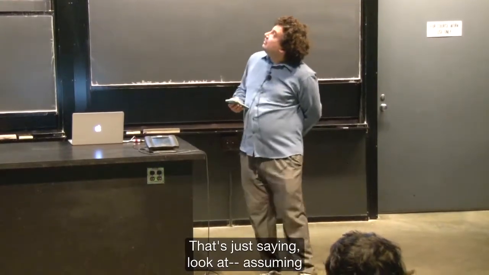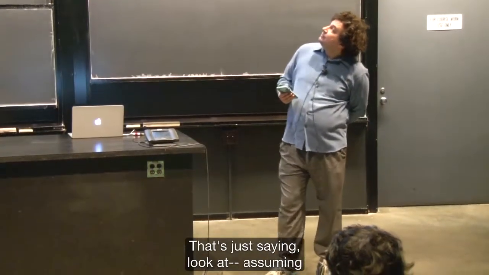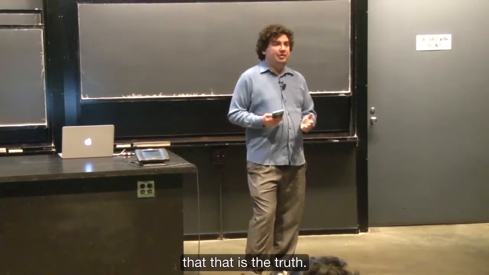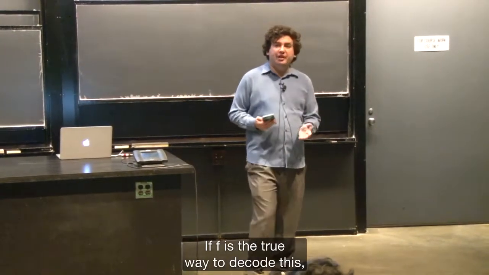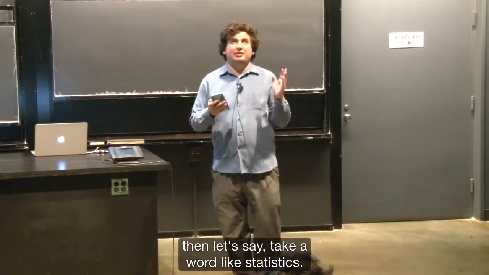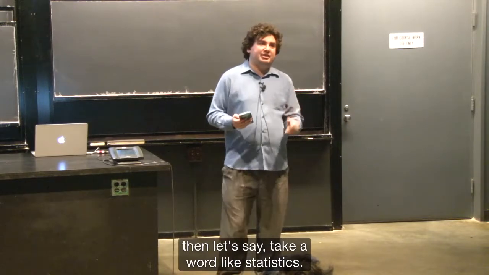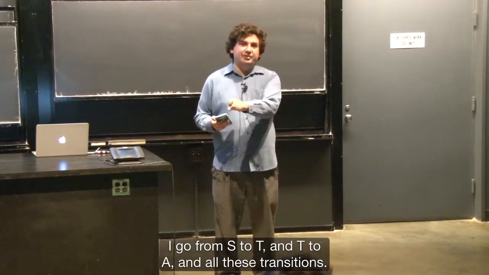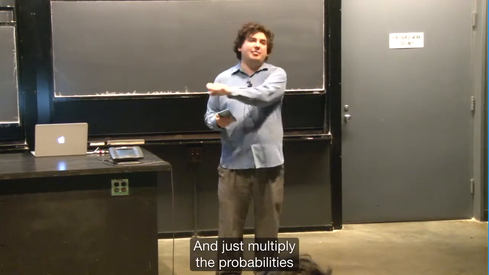That's just saying, look at, assuming that F is the truth, right? If F is the true way to decode this, then let's say I take a word like statistics. I go from S to T and T to A and all these transitions, and just multiply the probabilities of those transitions.